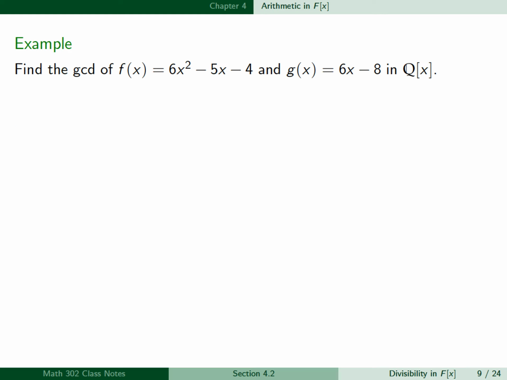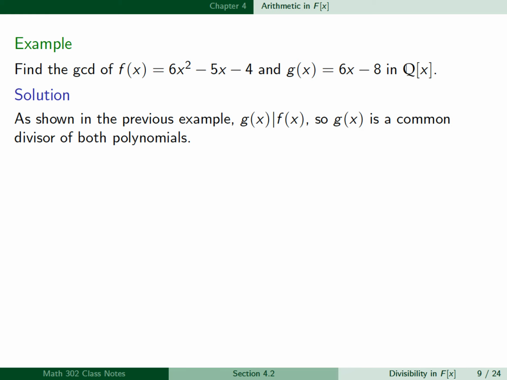For an example, let's find the GCD of f(x) = 6x^2 - 5x - 4 and g(x) = 6x - 8 in the polynomial ring Q[x]. Now, as shown in the previous example, g(x) divides f(x). So g(x) is a common divisor of both polynomials.